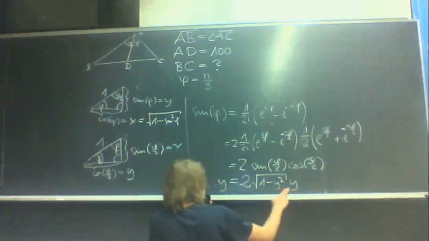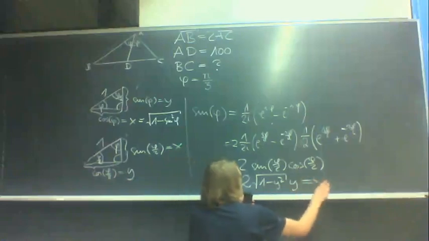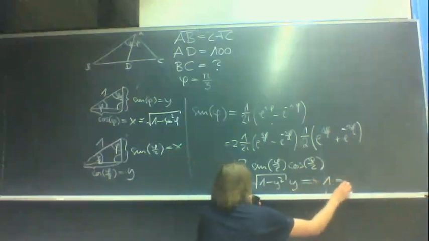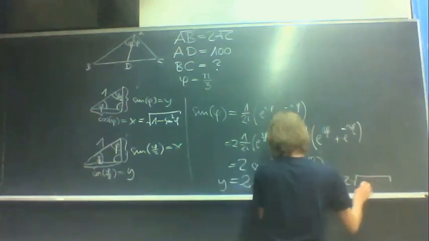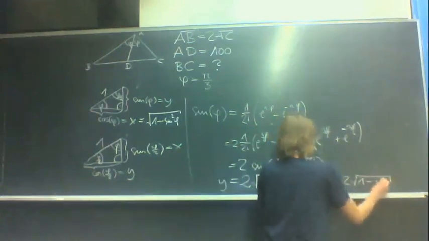So now we know that 1 has to be equal to 2 times the square root of 1 minus y squared.